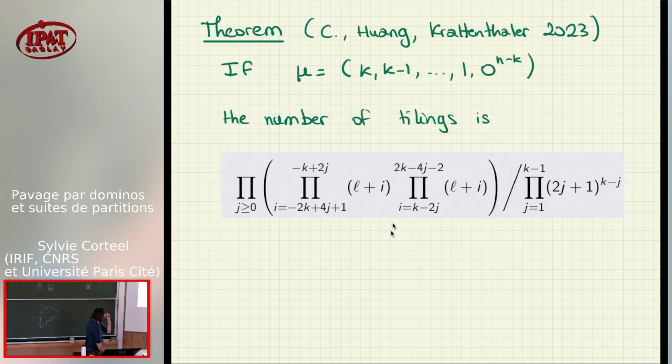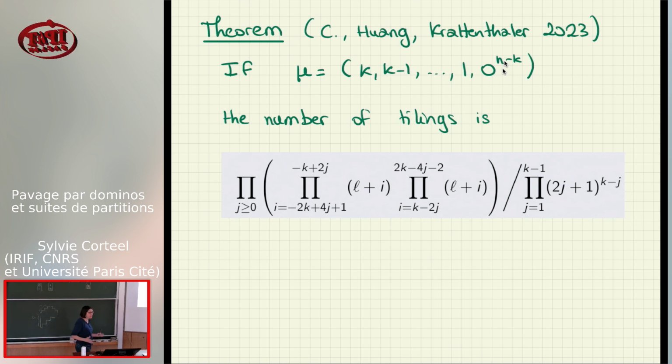And so that's the theorem that we can prove, is that if mu is of the staircase style, so I have k minus 1 down to 2, 1, and a bunch of zeros after, then the number of tilings of this generalized Aztec diamond is always a product formula. Okay.